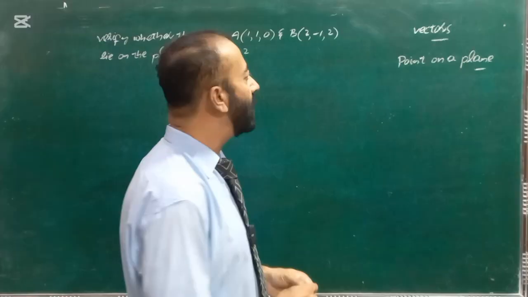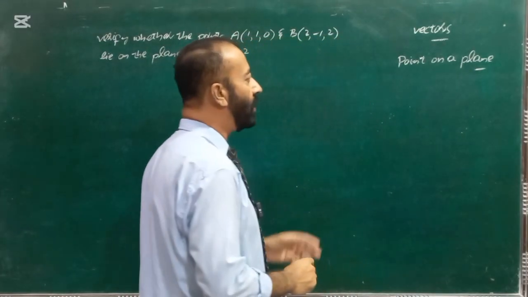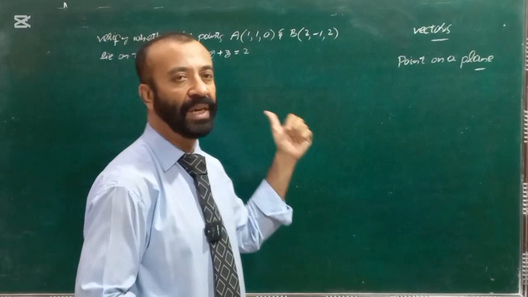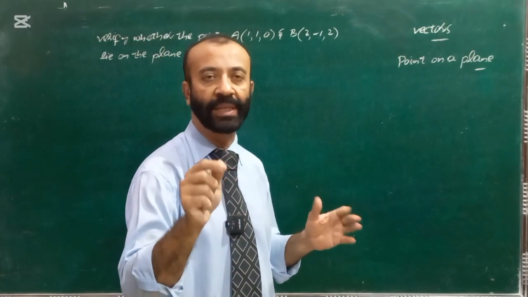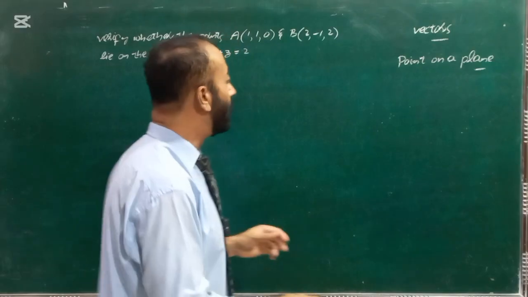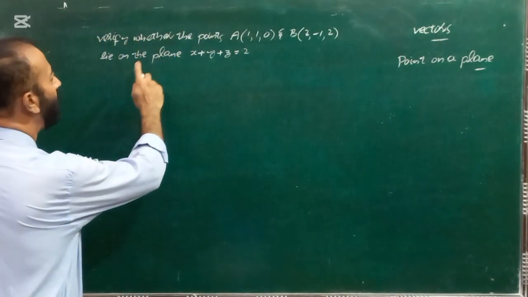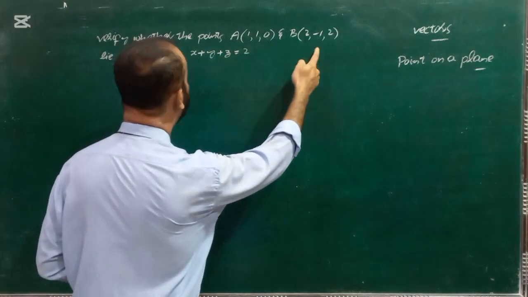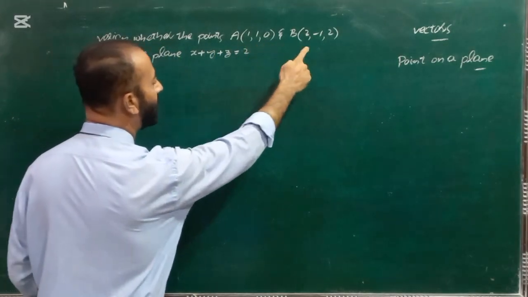The next thing that we are going to read in the vectors is point on a plane. A point will be given and you will be required to check whether the point is lying on the plane or not. So here is a question that will make your concepts more clear. Verify whether the points A and B lie on the plane. Here is the plane and 2 points are given.